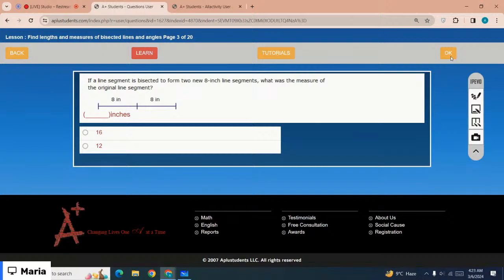If a line segment is bisected to form two new 8-inch line segments, what was the measurement of the original line segment? So, which is the correct option?